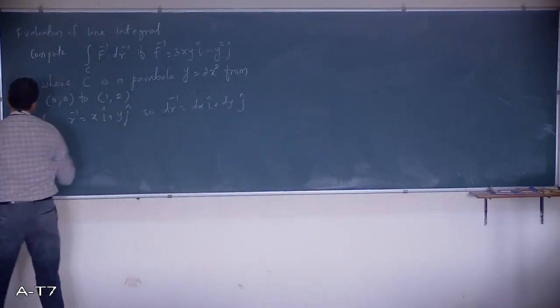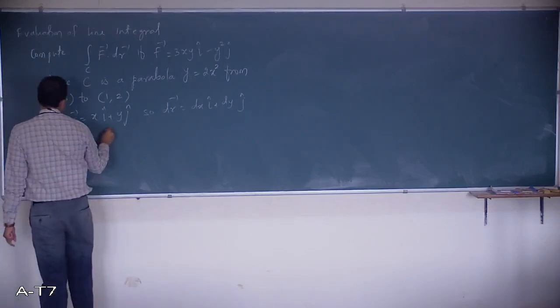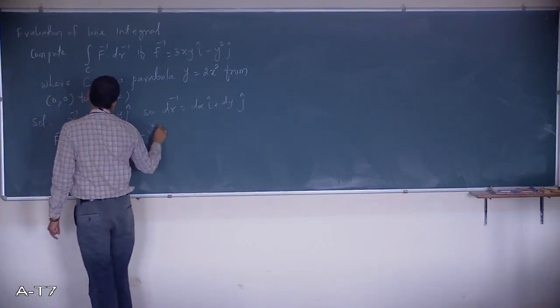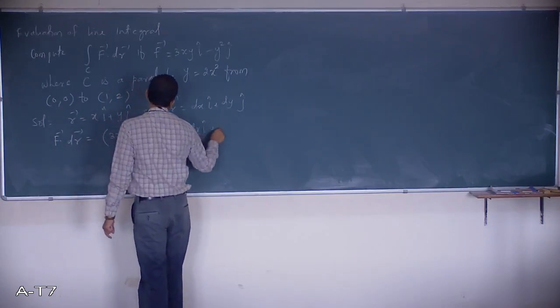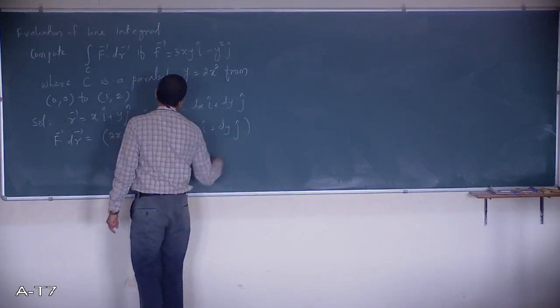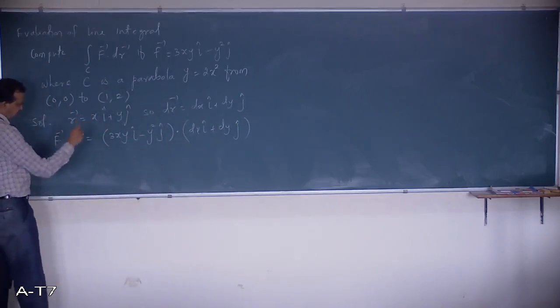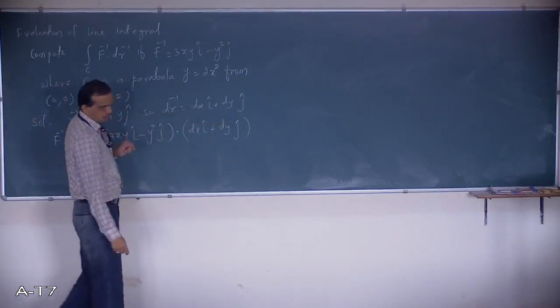The next step is to get the dot product and keep it ready, because we are going to evaluate that value. F dot dr now goes as (3xy i minus y square j) dot (dx i plus dy j). We can directly write the dot product, but I am writing in detail so that all can follow. When i dot i is taken, it is 1, and the other products are 0.